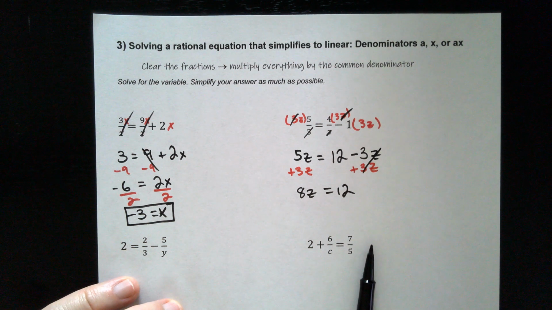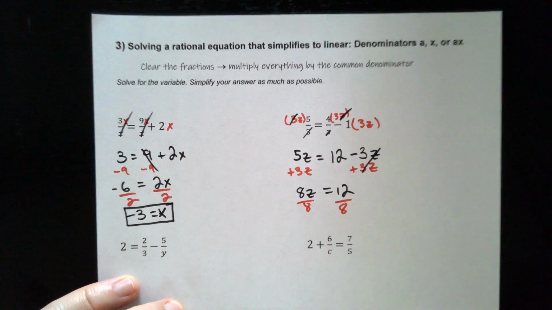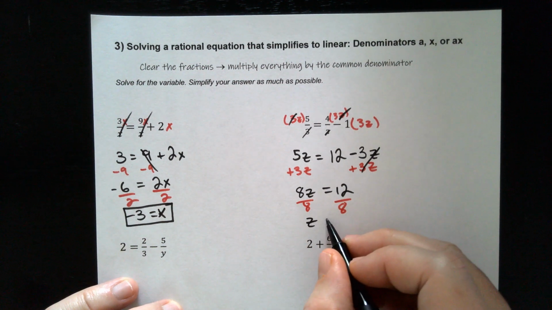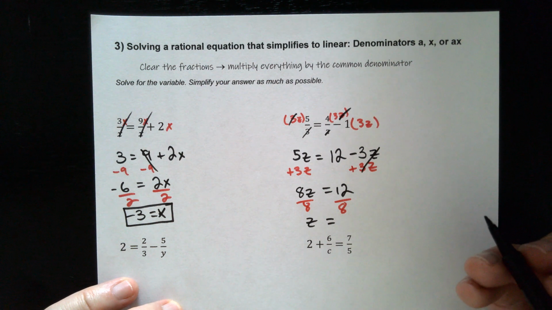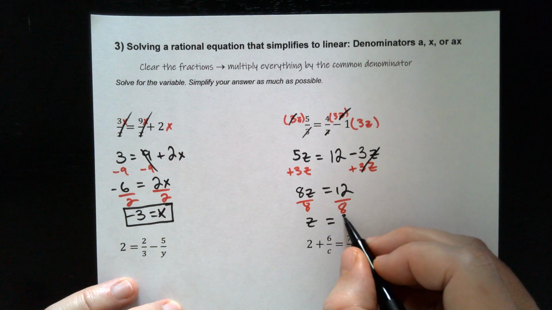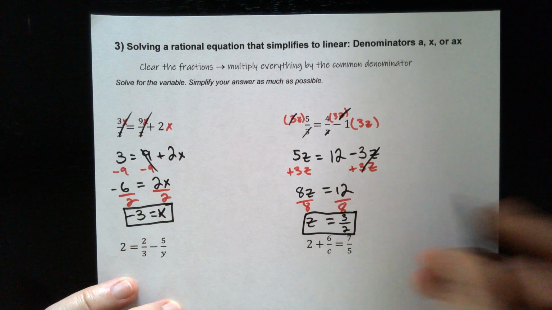Okay, and if I divide by 8 on both sides, that gives me z is equal to 12 over 8, reduces. 4 goes into both. So 4 goes into 12 3 times, and 4 goes into 8 2 times. So we get our answer of 3 over 2.